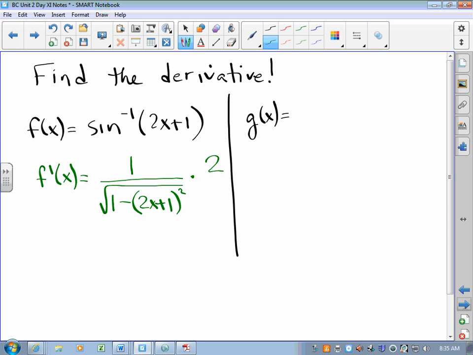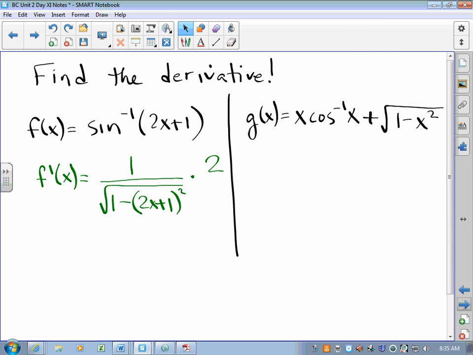Similarly, let's do x times inverse cosine of x plus radical 1 minus x squared. Again, just making sure we've driven home some of our rules. That first part is the product rule. The product rule, it's so much fun.